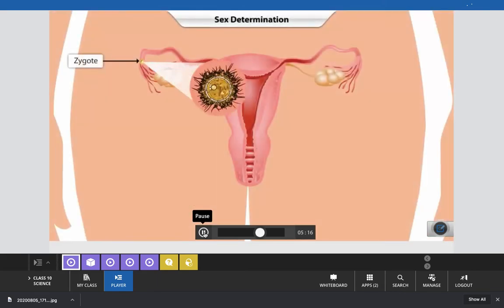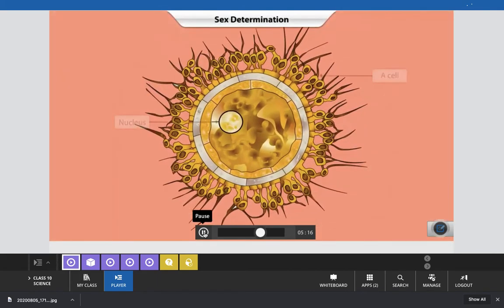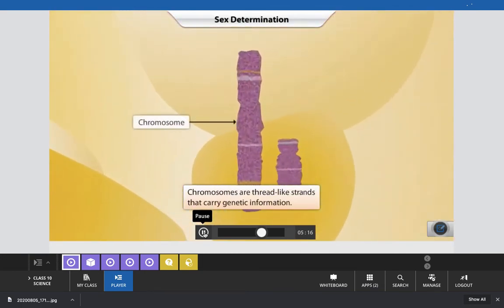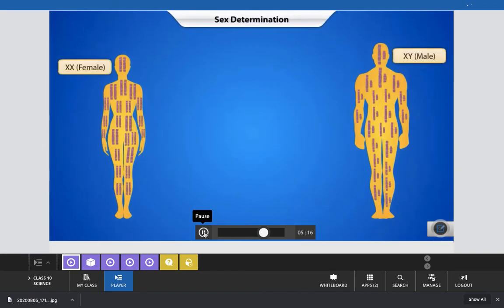The instructions for sex determination are contained in chromosomes in the nucleus of our cells. These chromosomes are thread-like strands that carry genetic information. A human being normally has 46 chromosomes, or 23 pairs of chromosomes. Of these, 2 chromosomes, named X and Y, are called sex chromosomes.